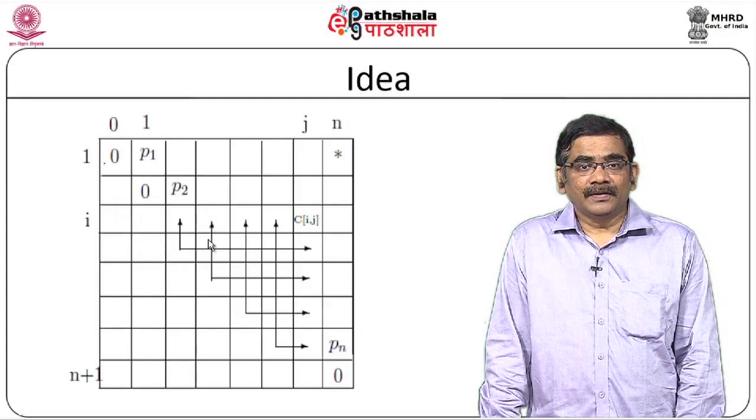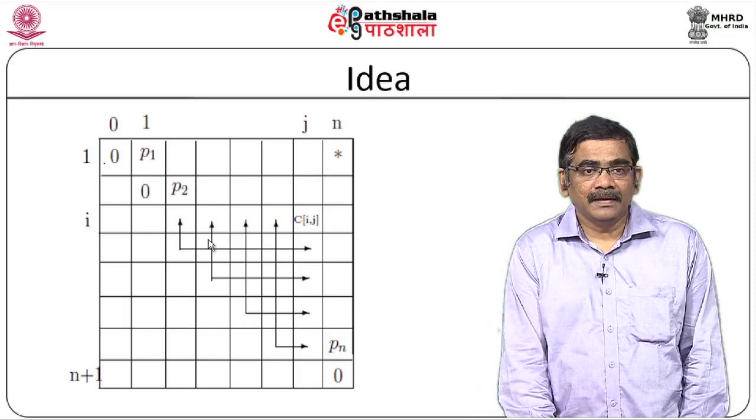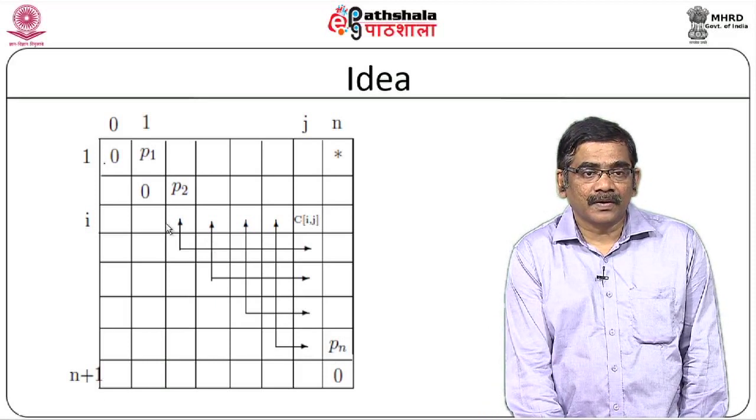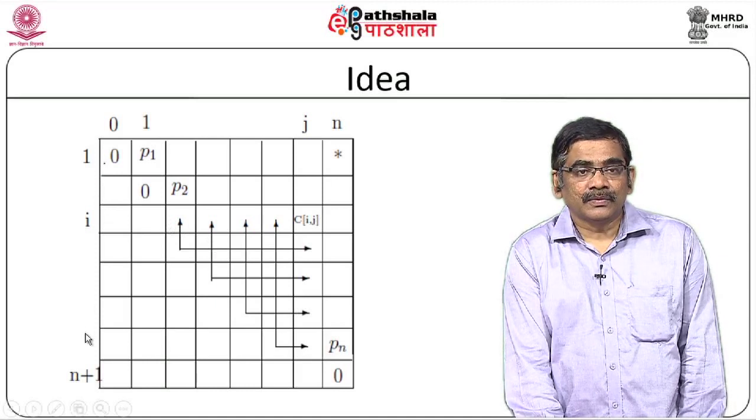So, finally, when you develop a table like this, you will get a table. You can see that on this side you have i, and on this side you have j.